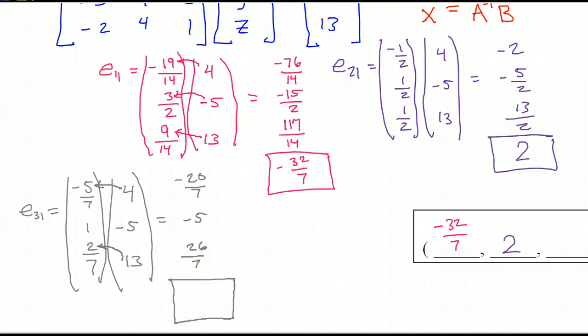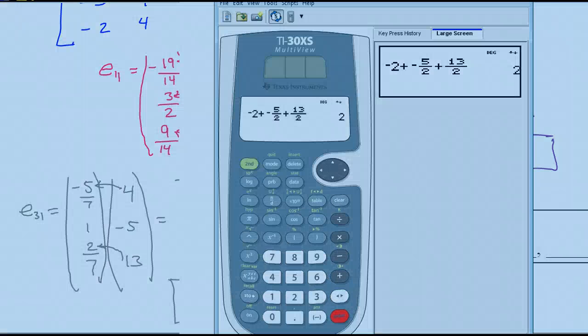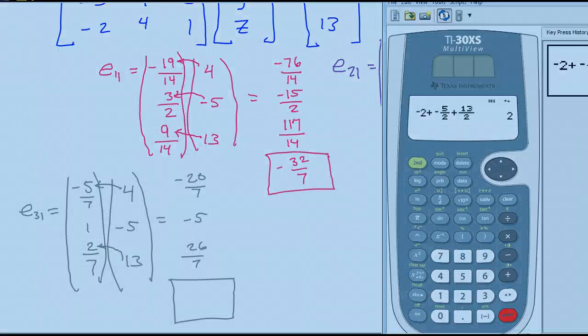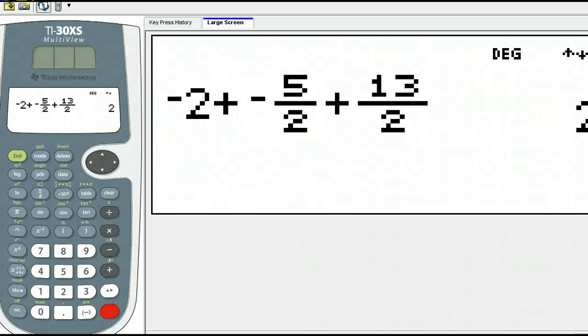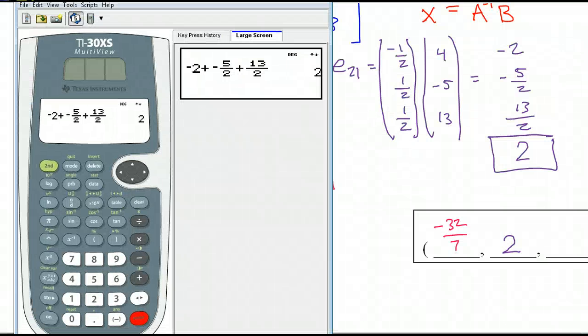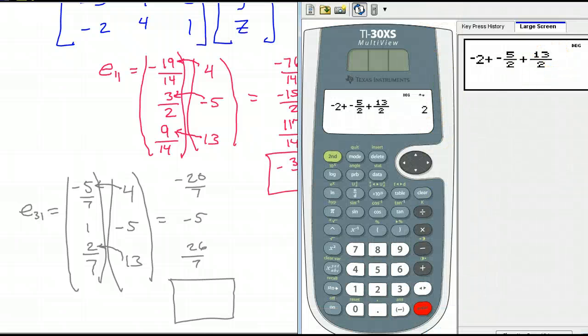I turn to my handy dandy calculator. Whoa, too big calculator. You know what, I'll just do that. So negative 20 over 7, negative 5, 26 over 7.